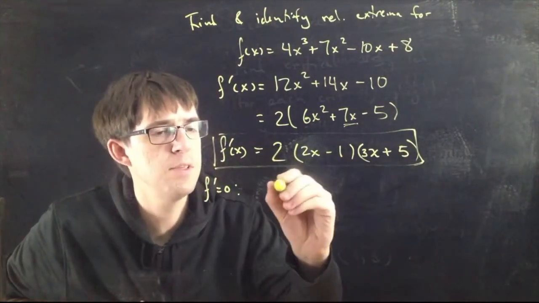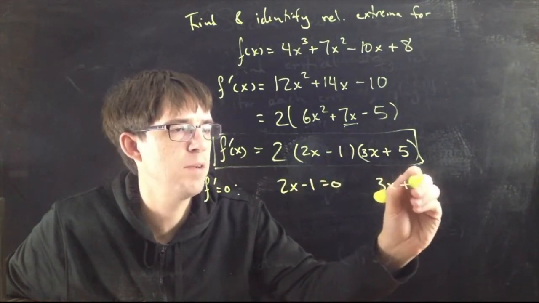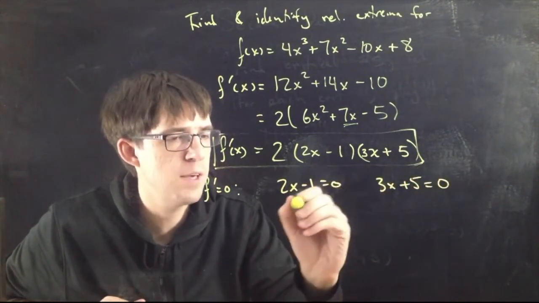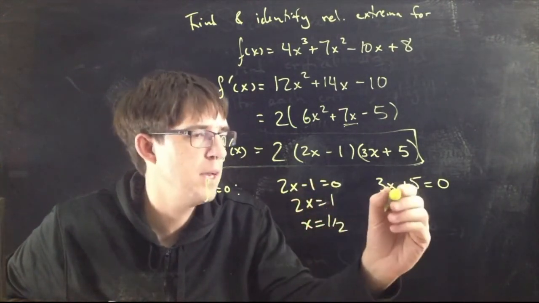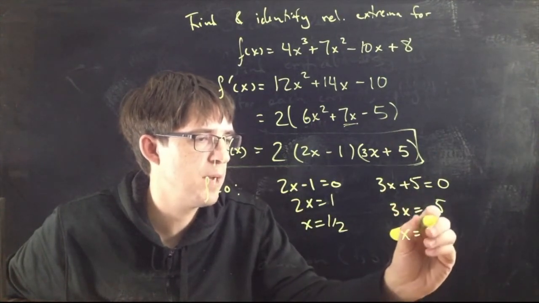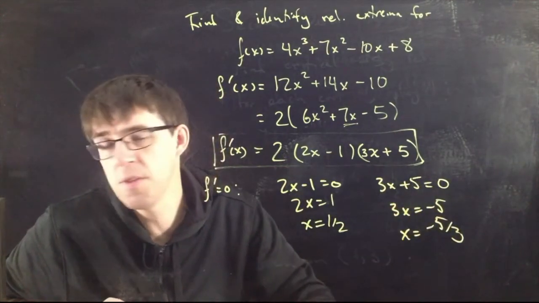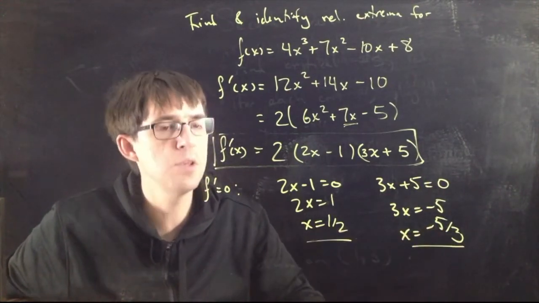The other parts can be 0. 2x minus 1 equals 0. 3x plus 5 equals 0, right? Solve for x each time. 2x equals 1, which means x is a half, so that's one critical number. And here, 3x equals minus 5, x equals minus 5/3. That's another critical number. So here are my 2 critical numbers.